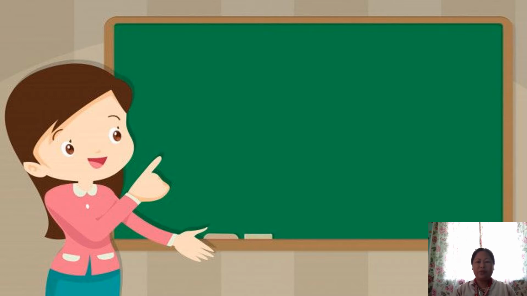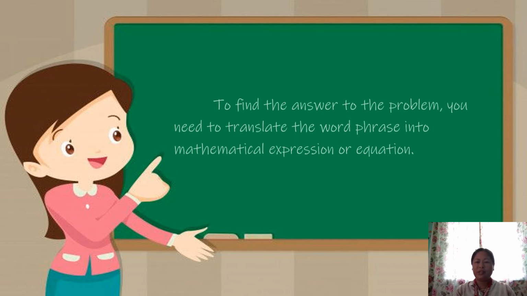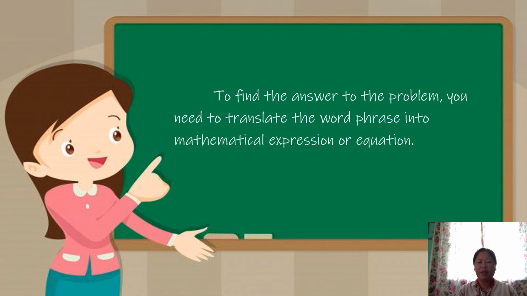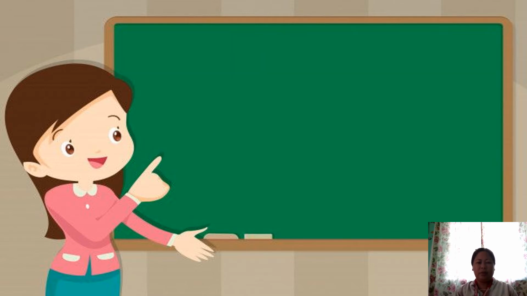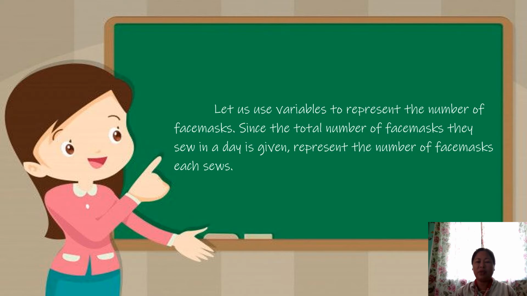To find the answer to the problem, you need to translate the word phrase into a mathematical expression or equation. Let's use variables to represent the number of face masks. Since the total number of face masks they sew in a day is given, represent the number of face masks each sews.